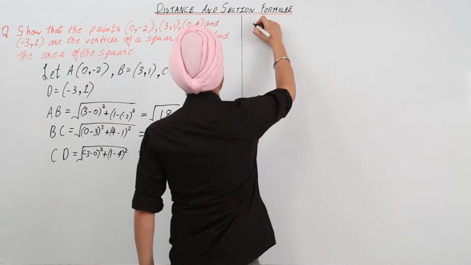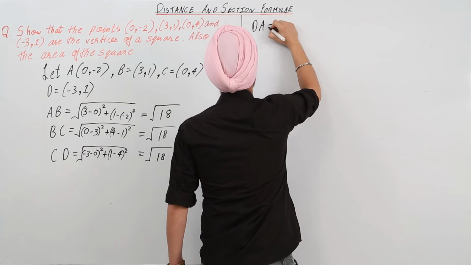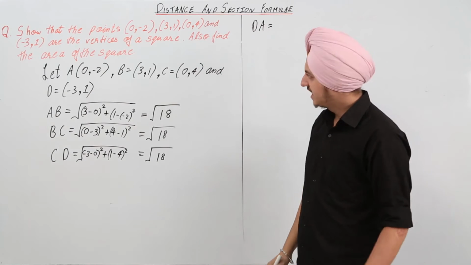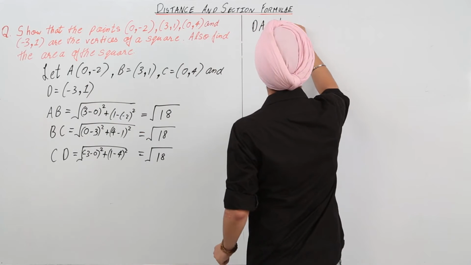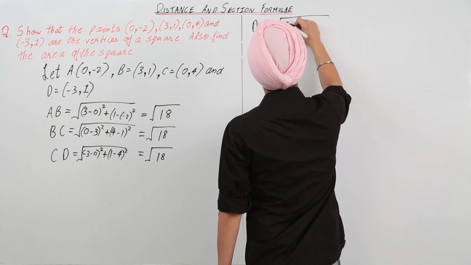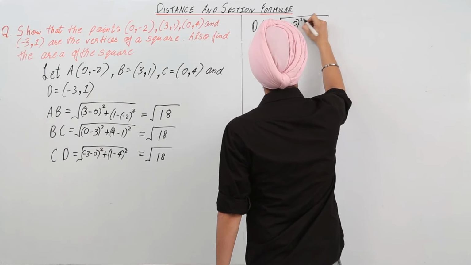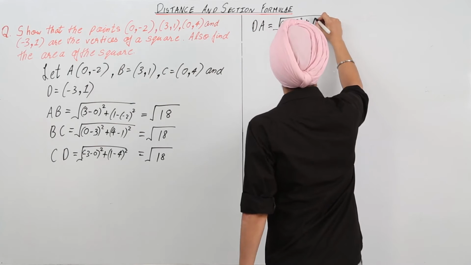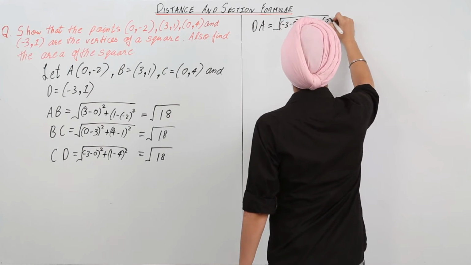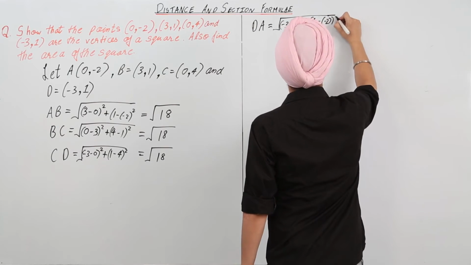Now next we have the length DA. The length DA will be equal to the square root of (-3 - 0) whole square plus (1 - (-2)) whole square.